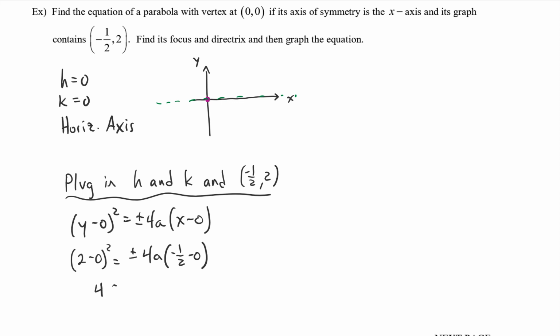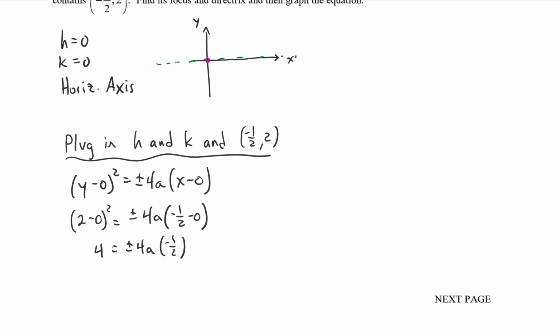Let's see what we get. We get 4 equals... let's see.